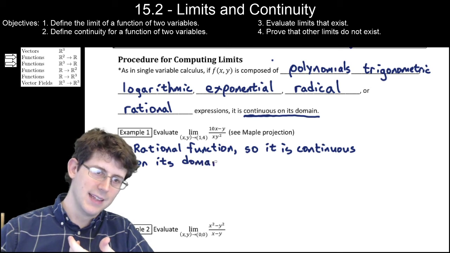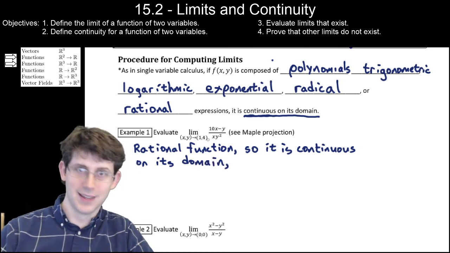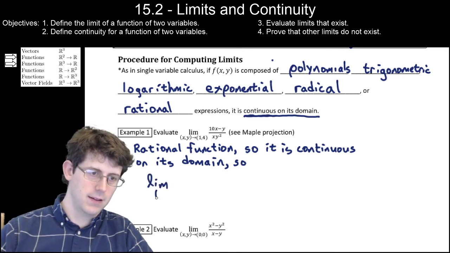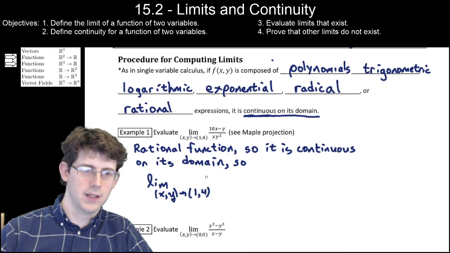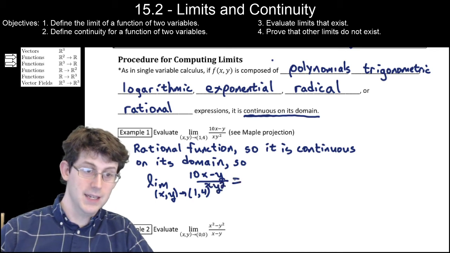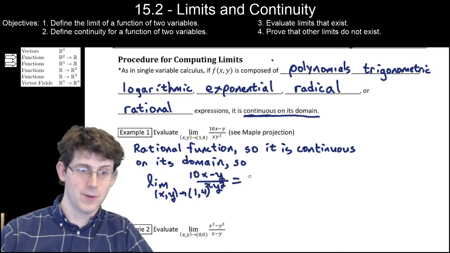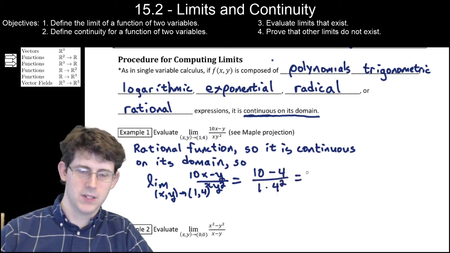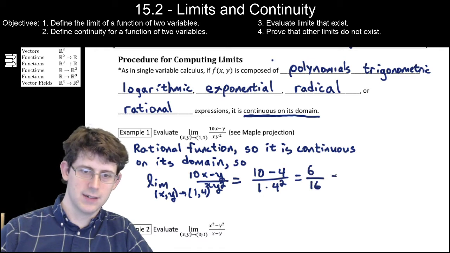And because of that, the limit is the same thing as just plugging the numbers in. So the limit of (10x minus y) over (x y squared) is: plug in 1 for x and 4 for y. So I get 6/16, which is 3/8.